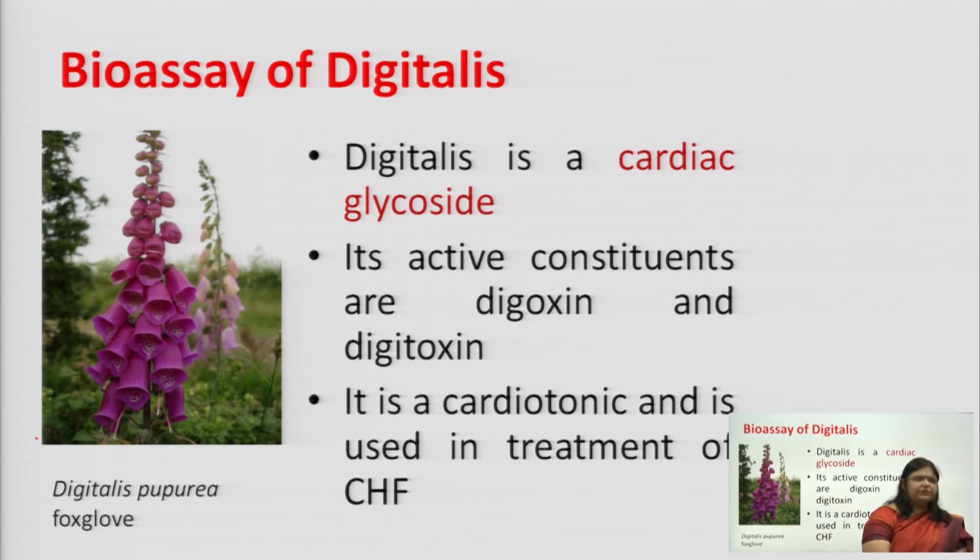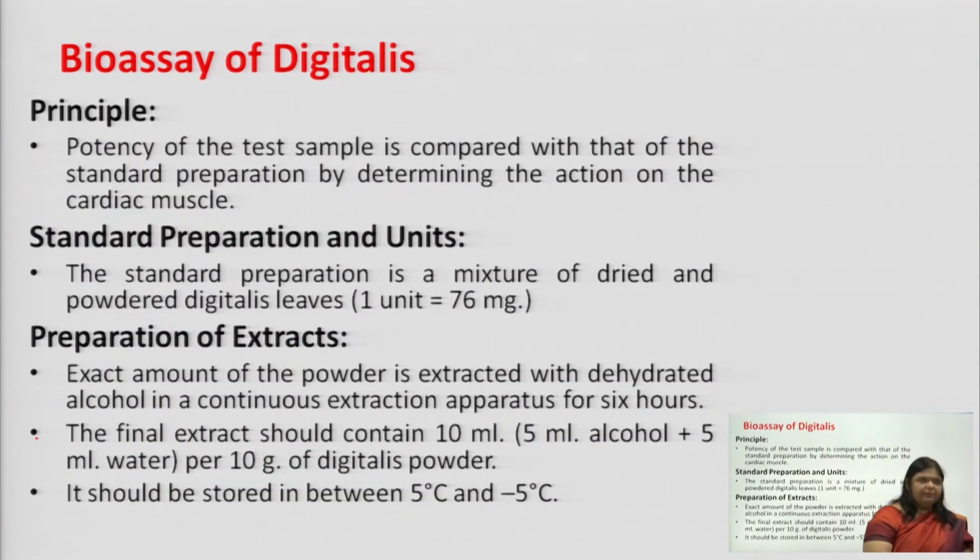The active constituents from digitalis are digoxin and digitoxin. It is a cardiotonic and it is used in the treatment of congestive heart failure by inhibiting the sodium potassium ATPase pump.